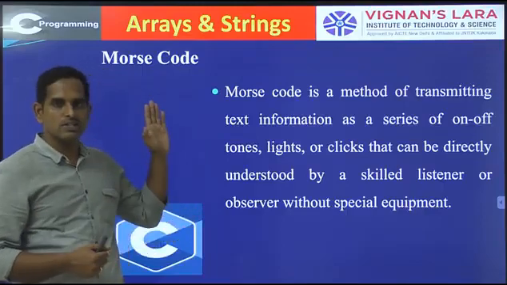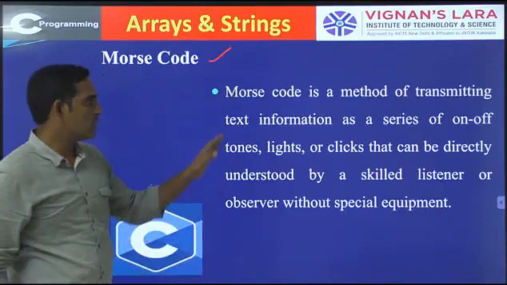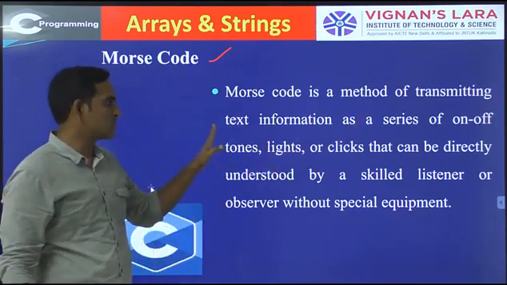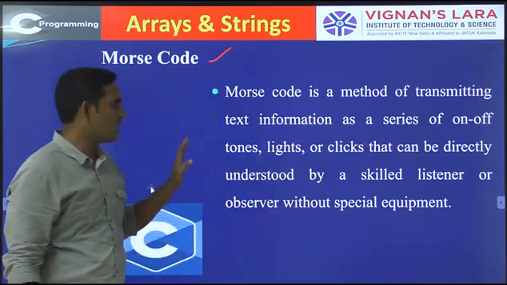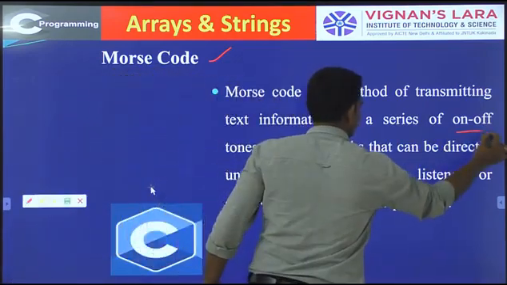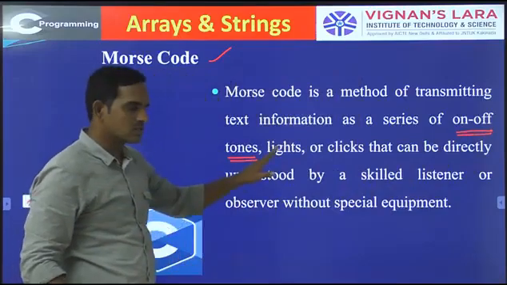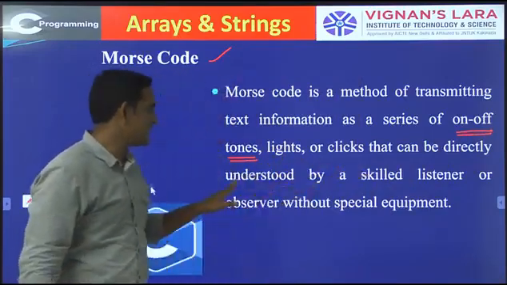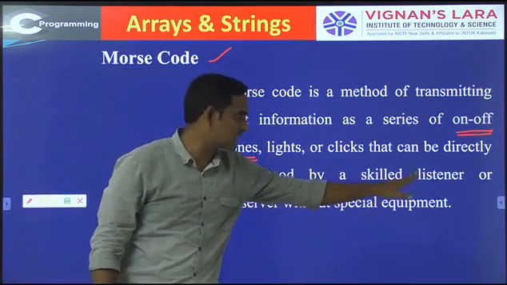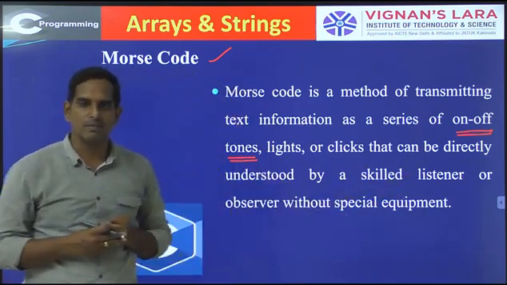One of the applications of strings is Morse code. Morse code is a method of transmission of text information as a series of on and off tones, or lights, or clicks, that can be directly understood by a skilled listener or observer without speech equipment.